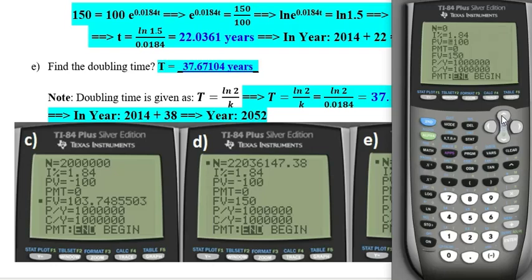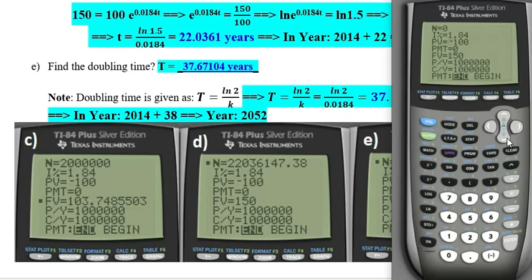Then you're going to go to N, alpha solve, and that gives you 22 million. Divide this by a million, then that's 22.0361 years. Then on E, we are trying to calculate N. The I is 1.84. The initial population is 100 million.